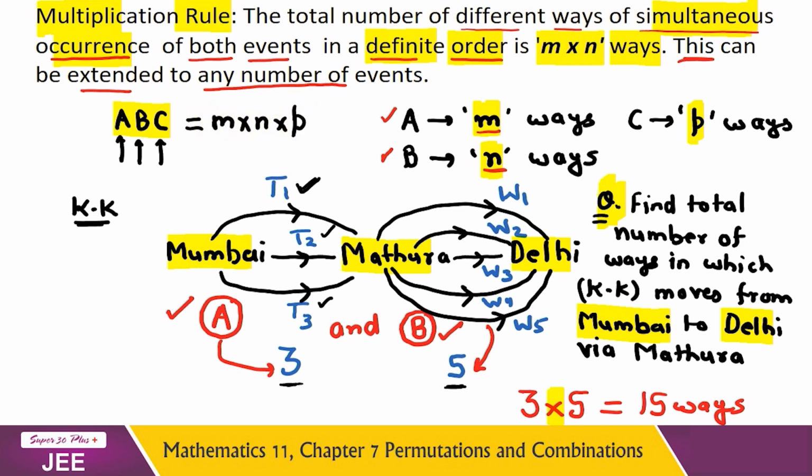Here also I have used multiplication rule since we are interested in determining the simultaneous occurrence of events. So this can be extended to any number of events. If you have 4 events, just multiply the number of ways corresponding to them. If you have n number of events, just multiply the number of ways corresponding to them.